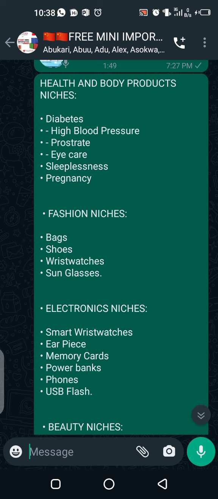Again, one thing I also want to talk about is, if you are not importing for your own personal use and you are importing as a business venture, maybe buying things at a cheaper price and then selling to make profit, then I urge you to find your market. You try as much as possible to identify your market.